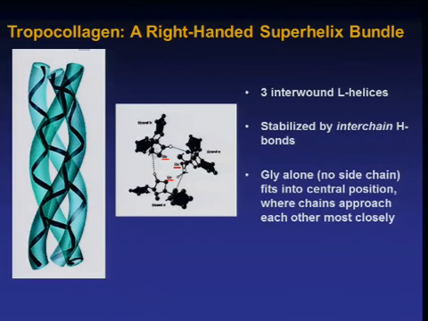What is projecting towards the axis of the superhelix, where these 3 helices are making the tightest contact? It's glycine. So that's why you have glycine every 3rd residue, is to minimize steric hindrance between these helices coming together. So you have these hydrogen bonds that are stabilizing between the strands, all right?